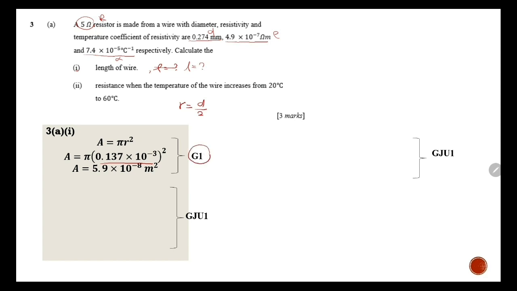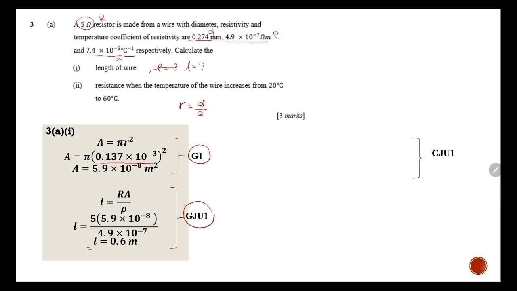This will give you 1 mark. Then to calculate the length, we use this formula: length is equal to RA per rho. Substitute all the information and we get the value of length in SI unit, meters. This will give you another mark.